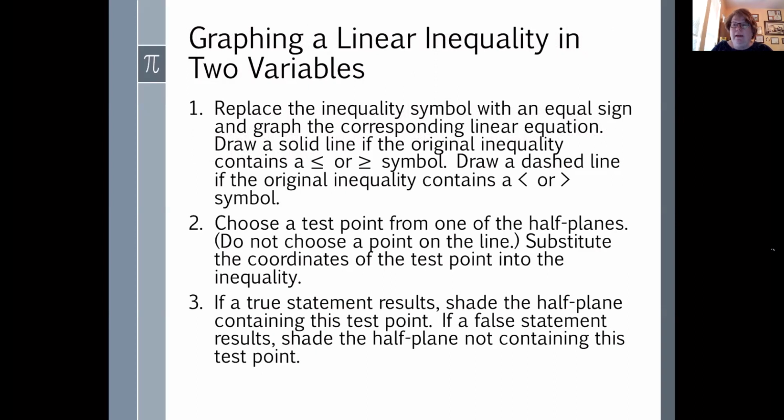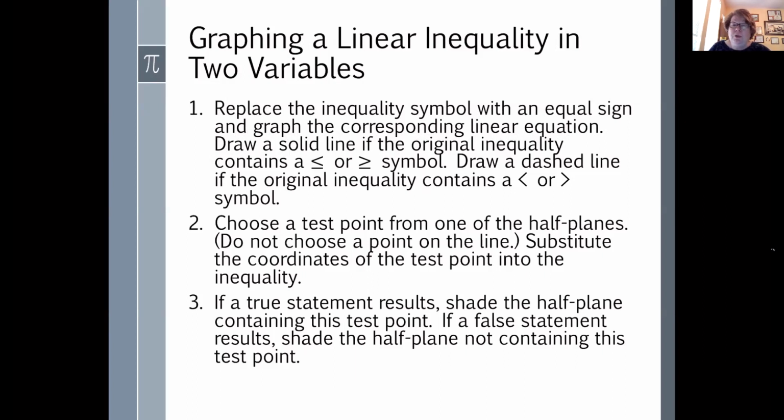Draw a dashed line if the original inequality contains a less than or a greater than symbol. So draw the line dashed if you have less than or greater than in your original inequality.